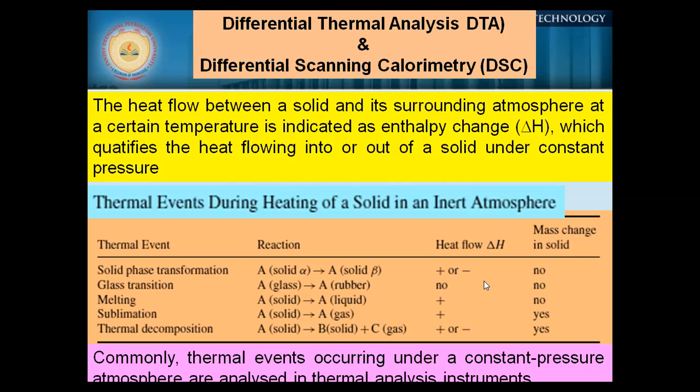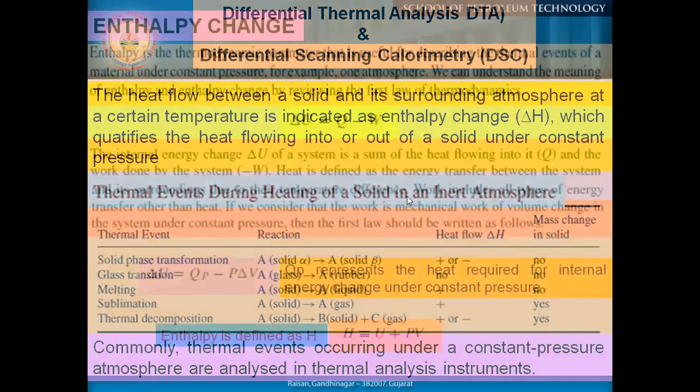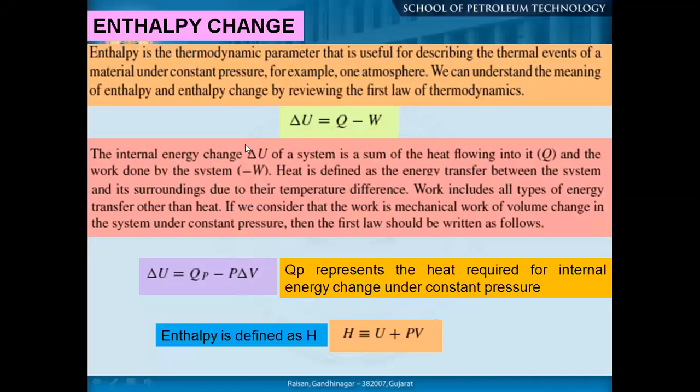Commonly, thermal events occur under a constant pressure atmosphere within the instrument. So what we just try to understand now is enthalpy change. Enthalpy change is nothing but the heat budget of the system changing. The internal energy of a system is the sum of the heat flowing into it and the work done by the system.